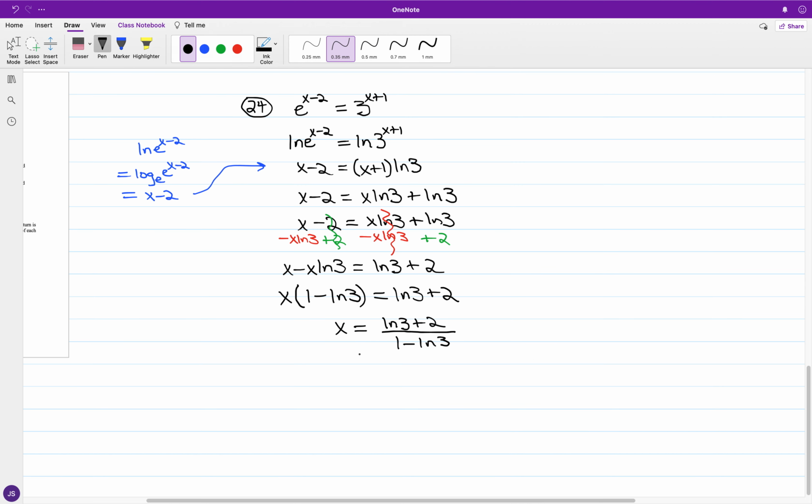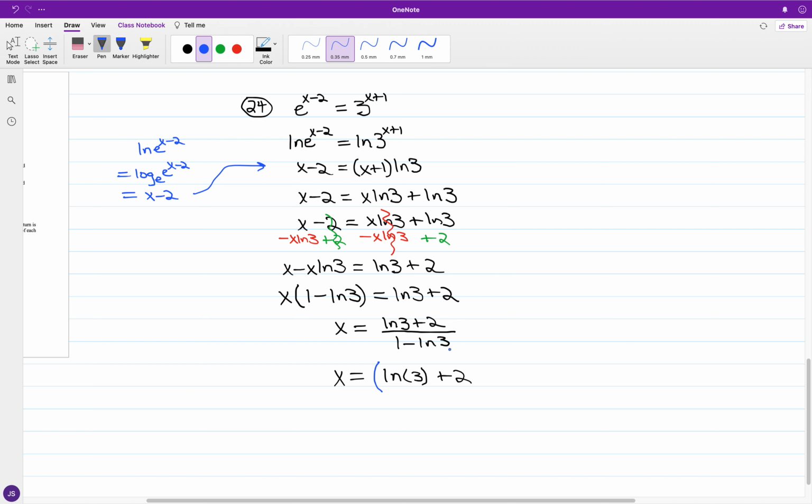And just putting this in terms, we have operating with the calculator. So for x, again quantifying the sum, you have the natural logarithm of 3 followed by the addition of 2.